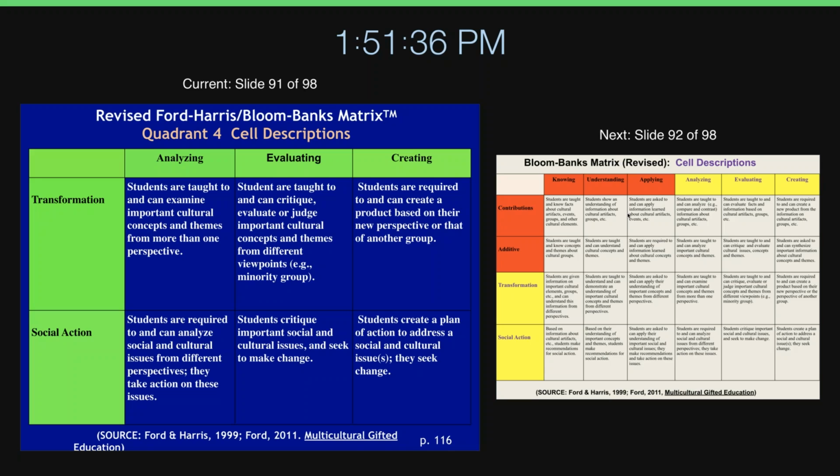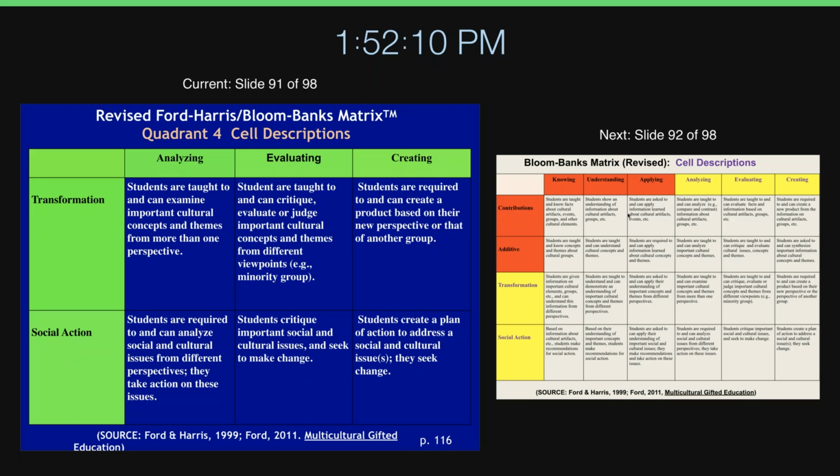So students are creating or suggesting or recommending a plan of action to address a social or cultural issue. They are empowered, they want change, and this is where we want them to be. I really want to stress that I am pleased also that Bloom's taxonomy has changed and made creating the highest level. At both of these, creating is doing, social action is doing.